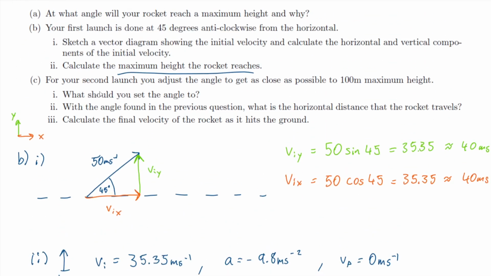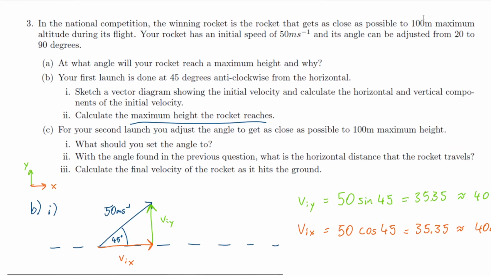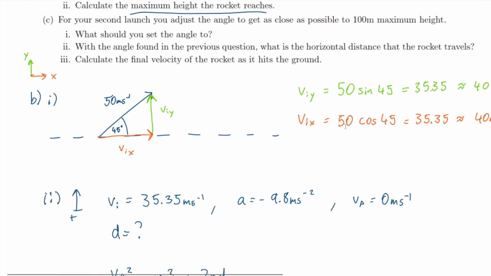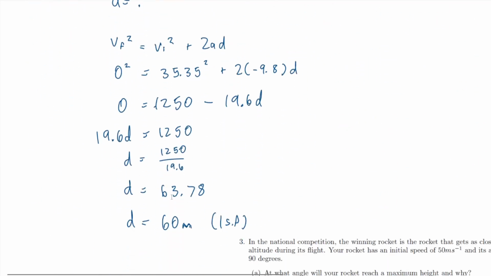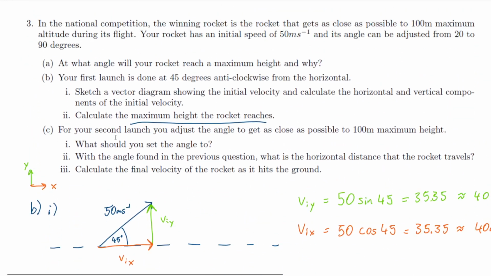Alright, question C. Now, after doing that, you realized, okay, hang on, I'm going for 100 meters, exactly, but you only got 63. So you need to now work out the angle to get exactly 100 meters. So you need more height.